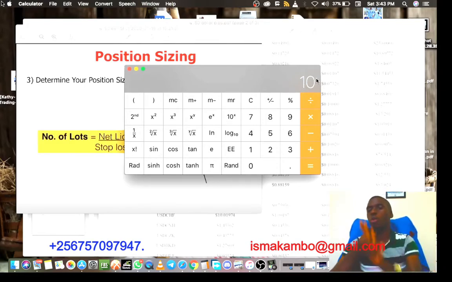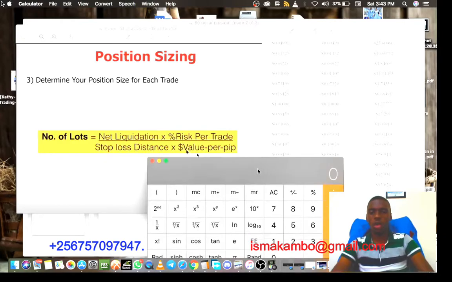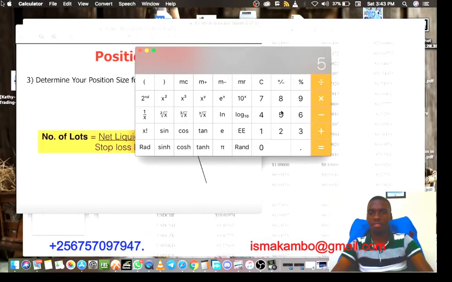In other words, we're risking $10 on this trade. Then our value up is 10. We keep that, and then we come down, and our stop loss distance was basically 5 pips.